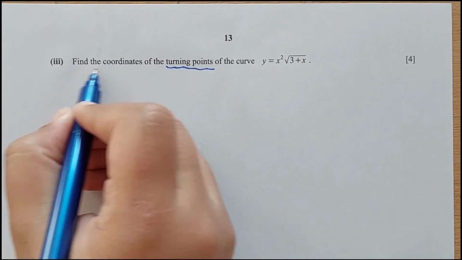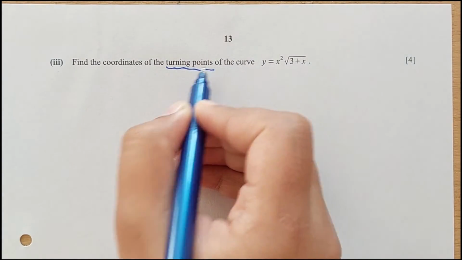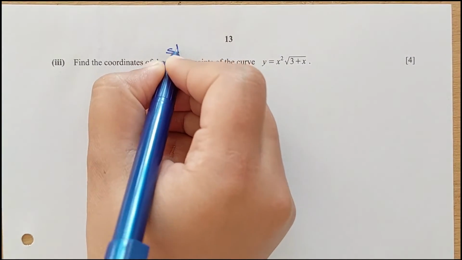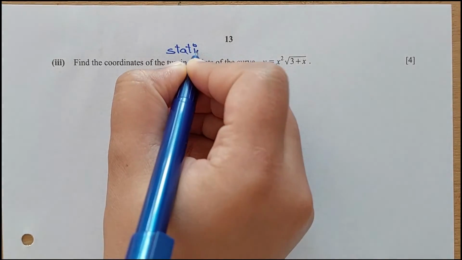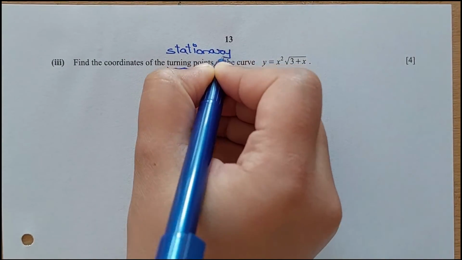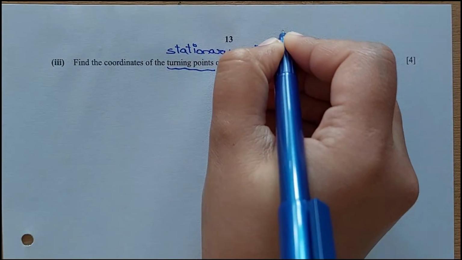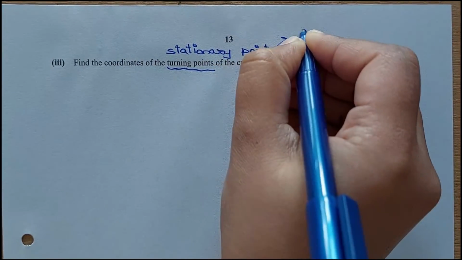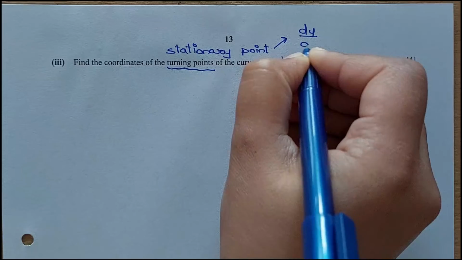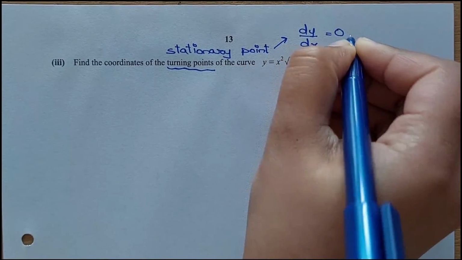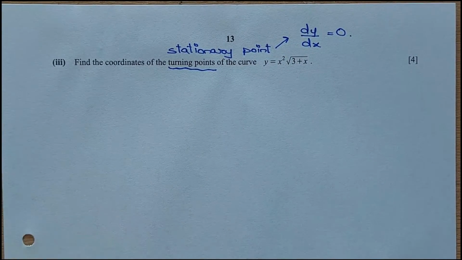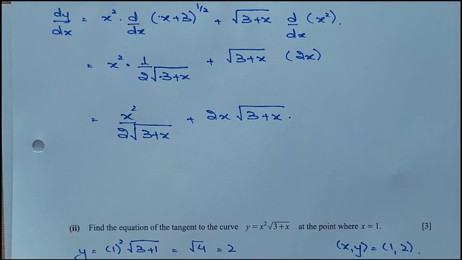Now for part 3, find the coordinates of the turning points of the curve. Turning points are the stationary points, and for turning points or stationary points, we have to put the gradient dy by dx equals 0, right? So we have the value of dy by dx from the first part.